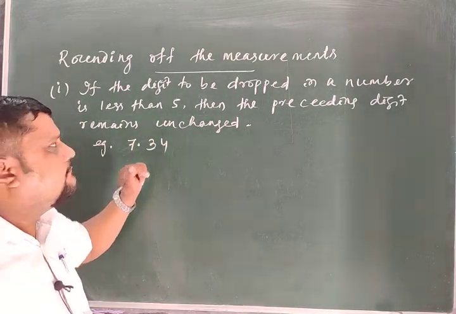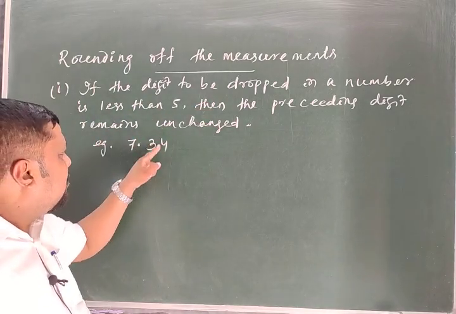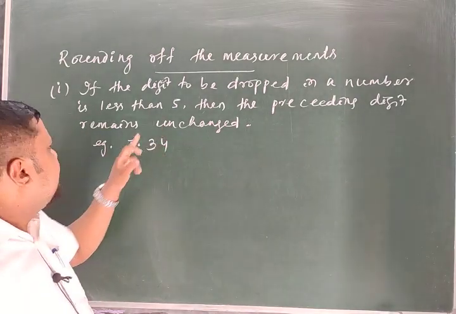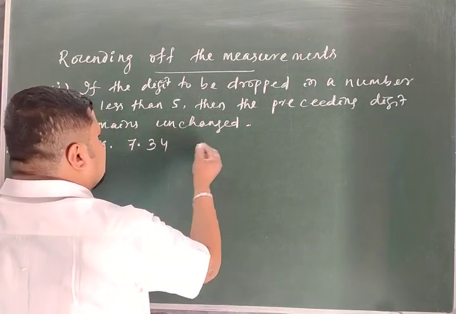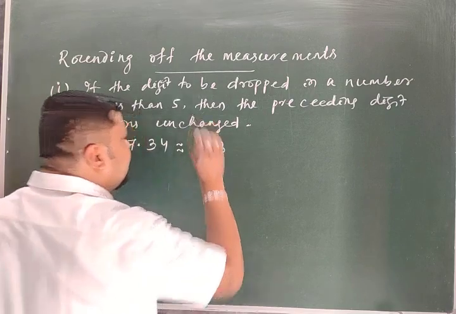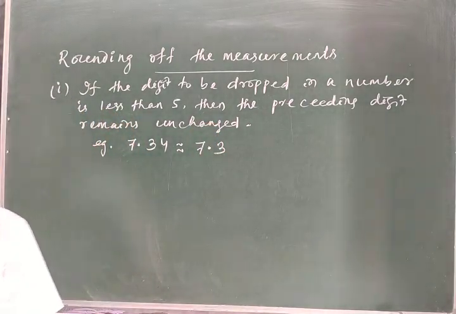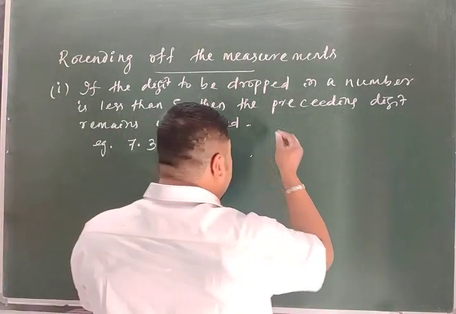The digit to be dropped in a number is less than 5, so 4 is obviously less than 5, then the preceding digit remains unchanged. So I can write this as 7.3 with rounding. Clear about this?